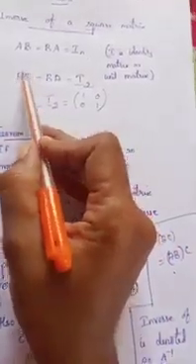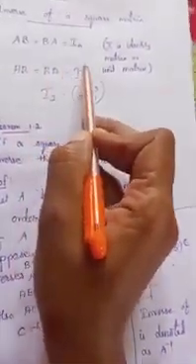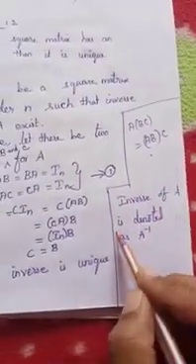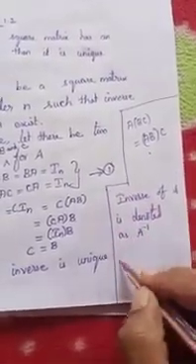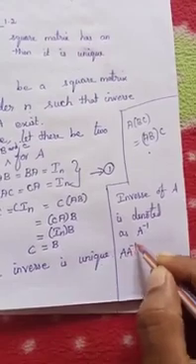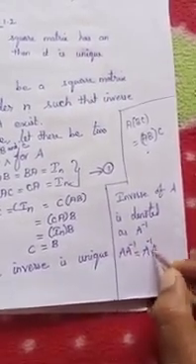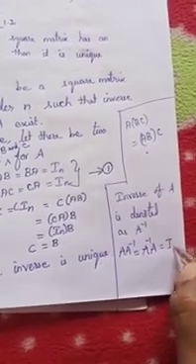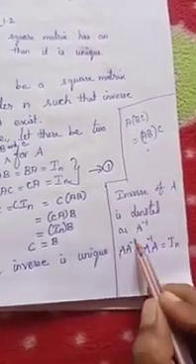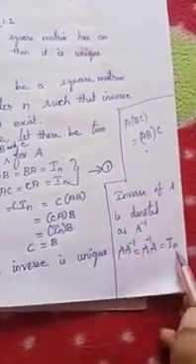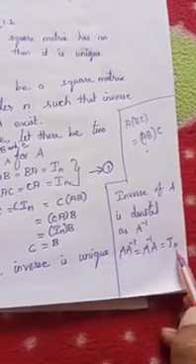Already we learned AB equals BA equals I n. Therefore, we can write A into A inverse equals A inverse into A equals I n.